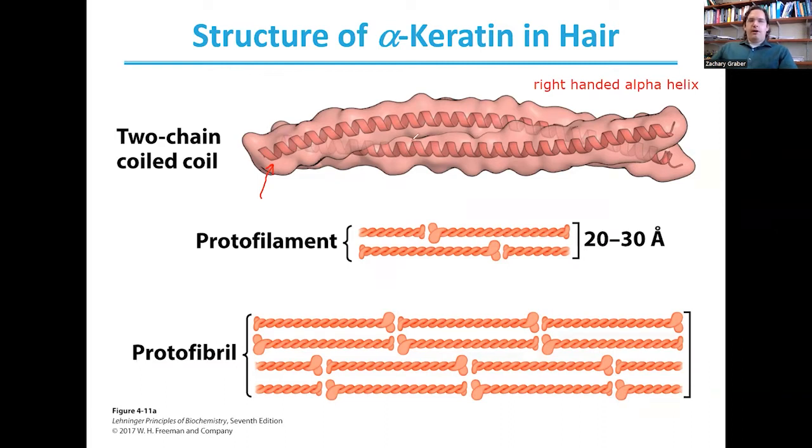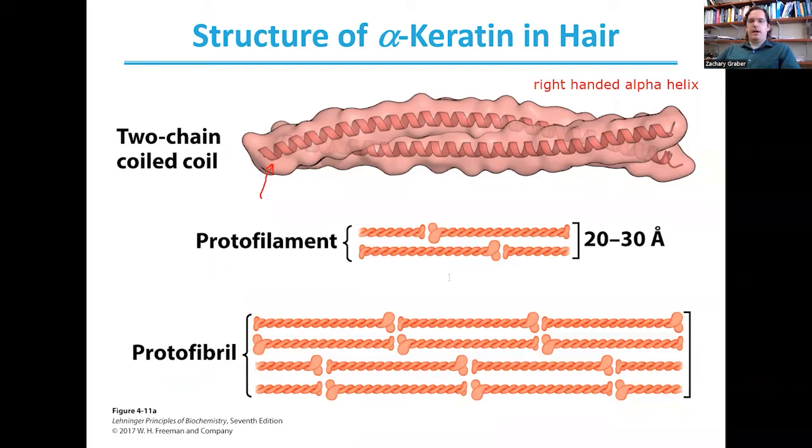Now, once we have our individual alpha-keratin here, we're going to link these together in order to create those larger fibers that we saw in the previous structure. Of course, when we want to link these fibers together, we're going to need some sort of strong interaction that can link these together. And within our alpha-keratin, we rely on disulfide bonds primarily.